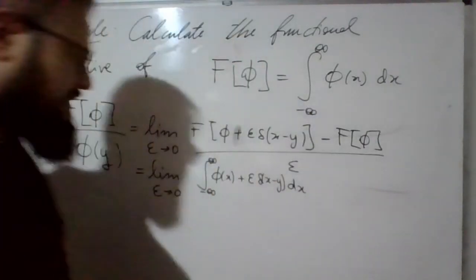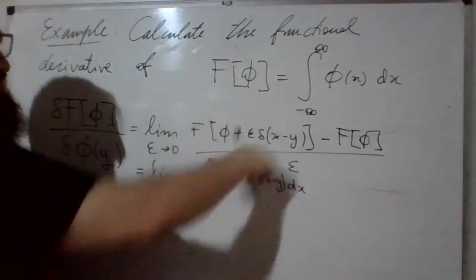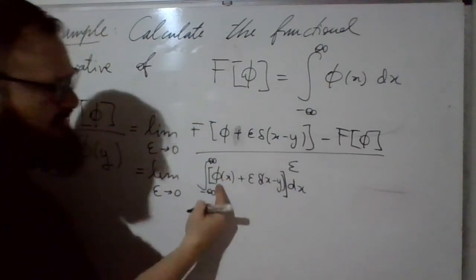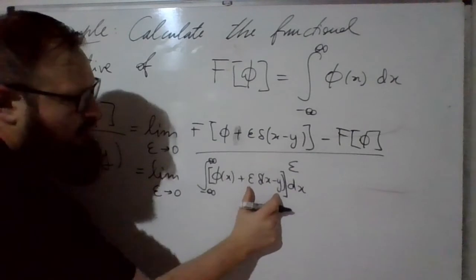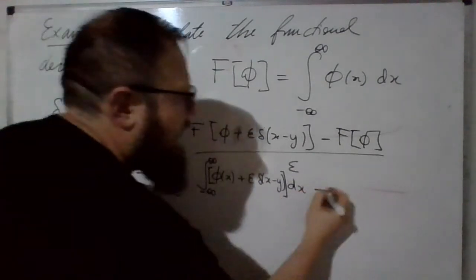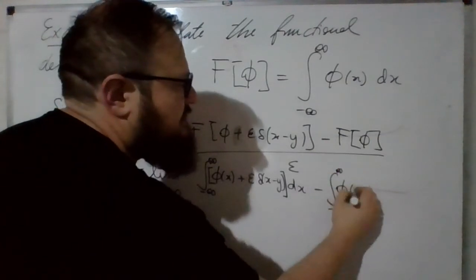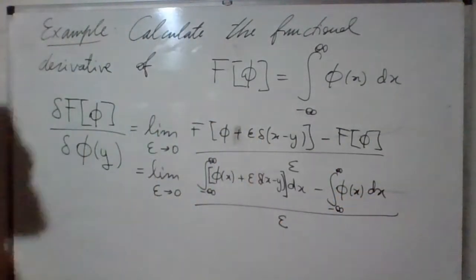Okay, so you have this for the first part here. You need to integrate the functional, which corresponds to the original function plus a small variation, minus the original integral, which is the original functional in this case, and you need to divide it by epsilon.